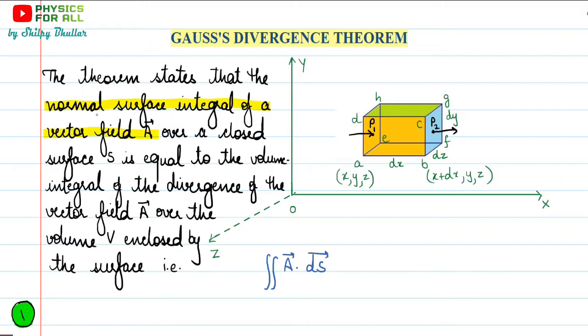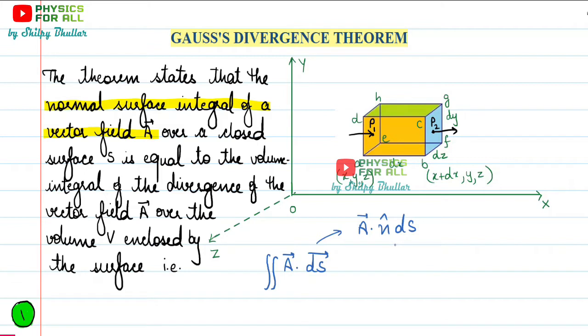The word normal has a meaning, because this is actually A dot n cap ds. n cap is a unit vector which is perpendicular to the surface taken.